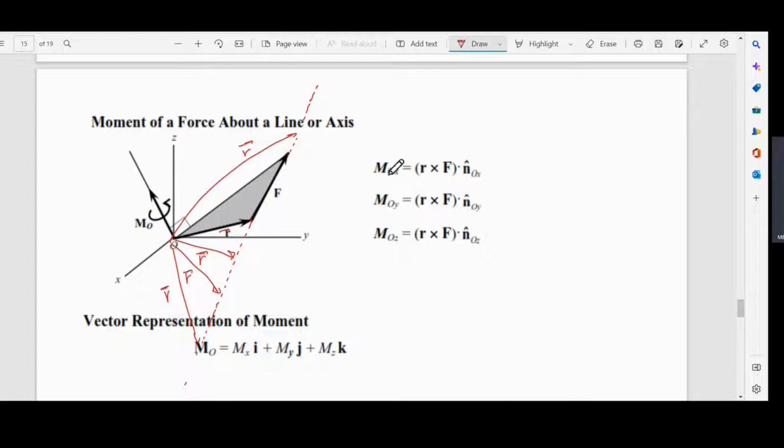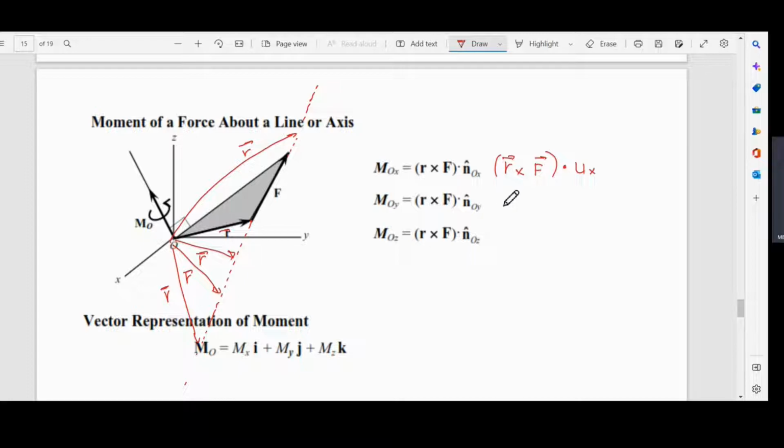So dito, the moment of force about point O along x-axis will be equal to position vector R cross Cartesian vector form F multiplied by, or the dot product of the unit vector along x.